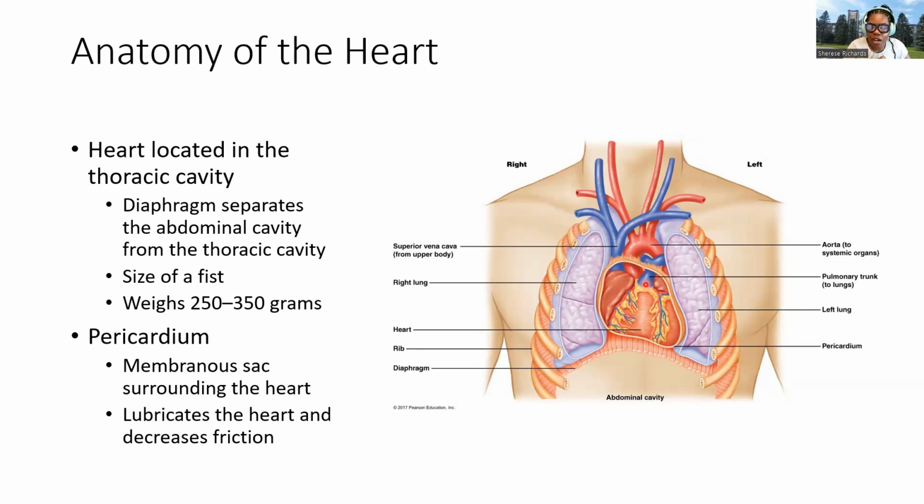It sits in your thoracic cavity, slightly askew to the left, weighs about 250 to 350 grams, and sits on top of your diaphragm. The diaphragm is a dome-shaped muscle that divides your thoracic cavity from your abdominal cavity, so it's the seat or bed on which the heart can rest.